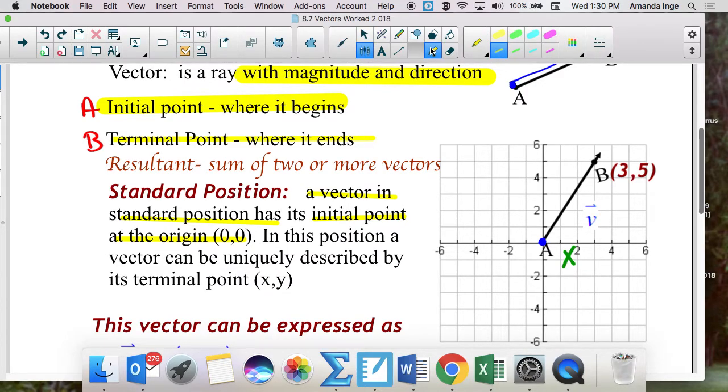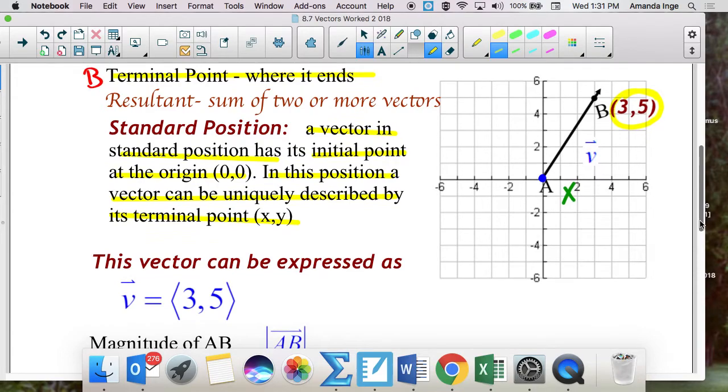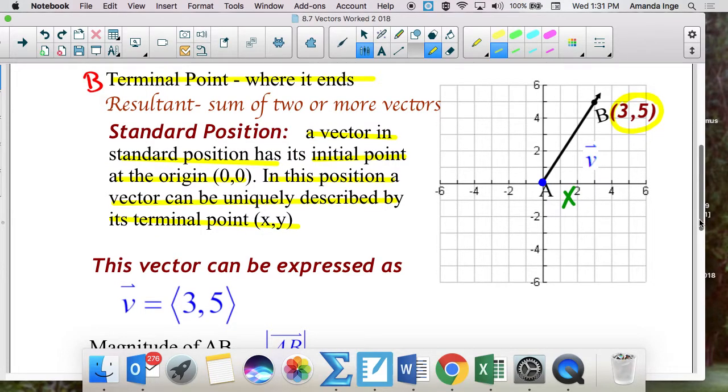If it is in standard position, then it can be described by its terminal point, which in this case is 3, 5. When we talk about a vector in standard position, which this one is 3, 5, we have these little vector symbols around it.